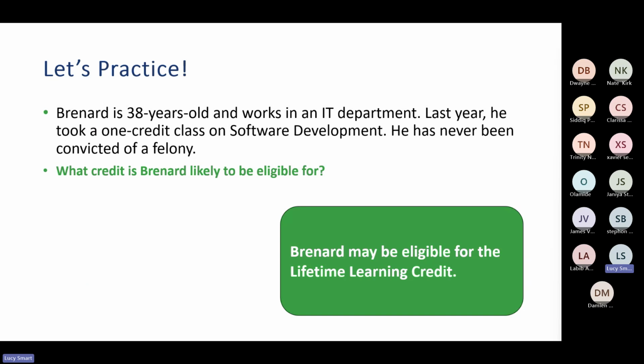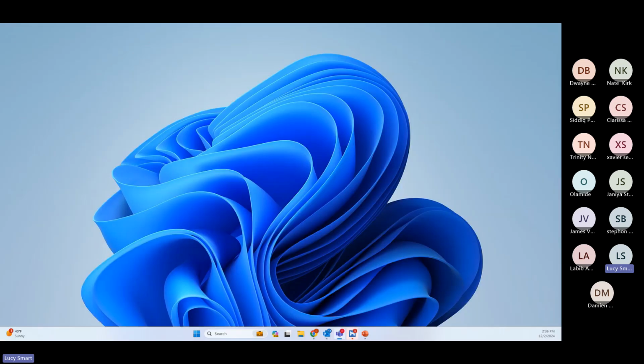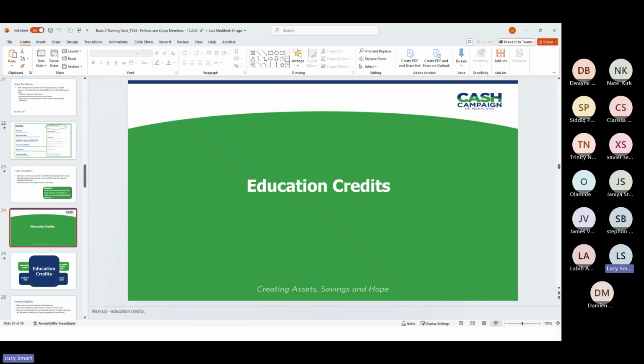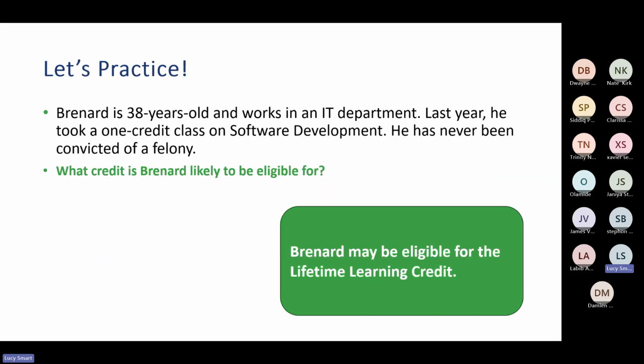They are eligible for an education credit, and can get one of those. If they're not in that first few years of learning, then they are more likely going to be getting a lifetime learning credit, especially if they are only taking one course. They're not a half-time student, at least if they're not pursuing a full degree.